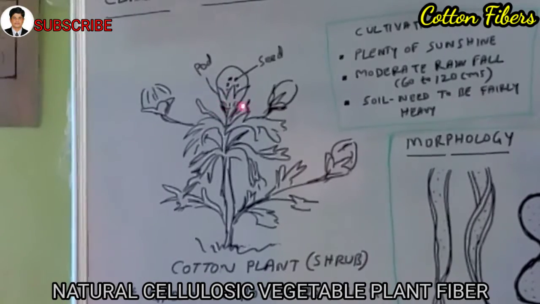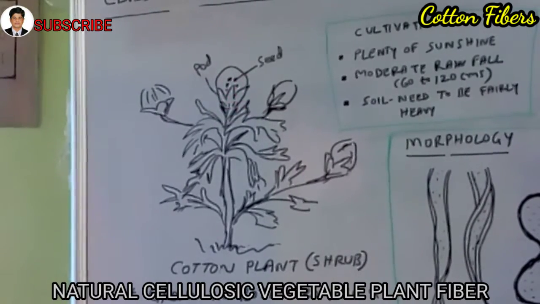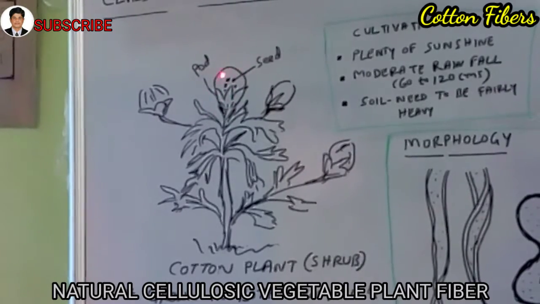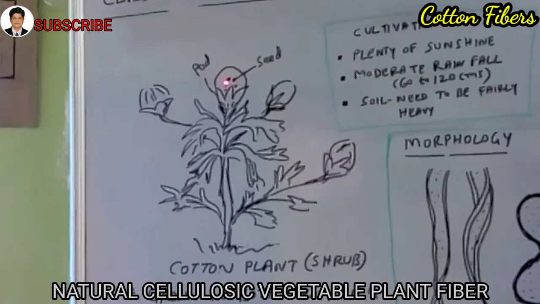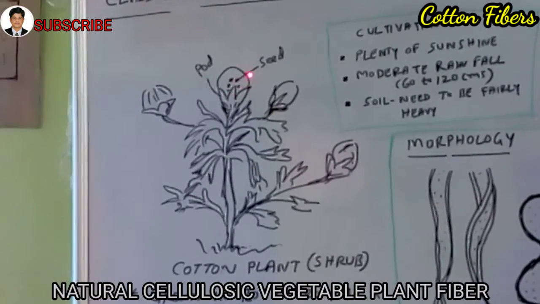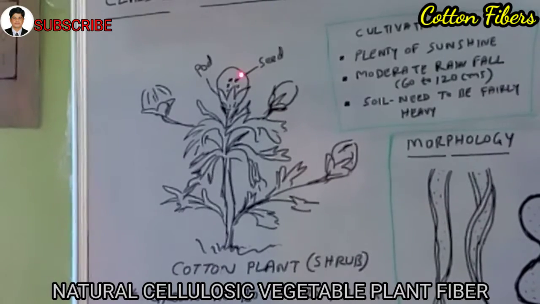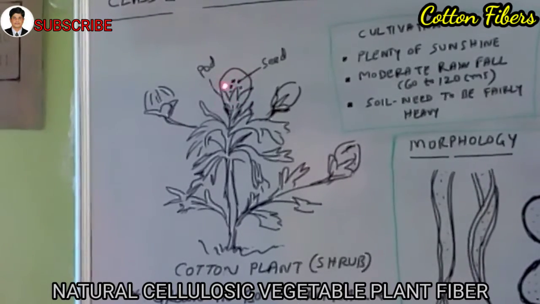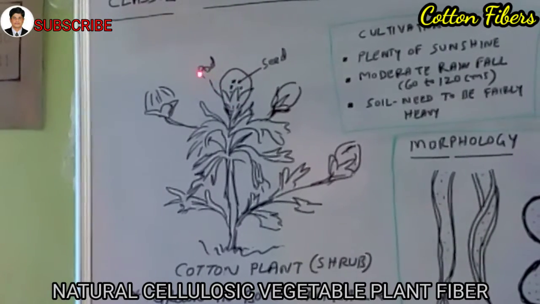When the flower gets dried, the ball of cotton fibers, that is the compact form of the cotton fibers, wet-conditioned fibers packed together in the form of a ball, is called the pod.